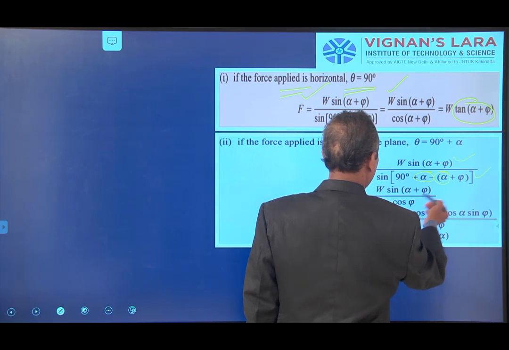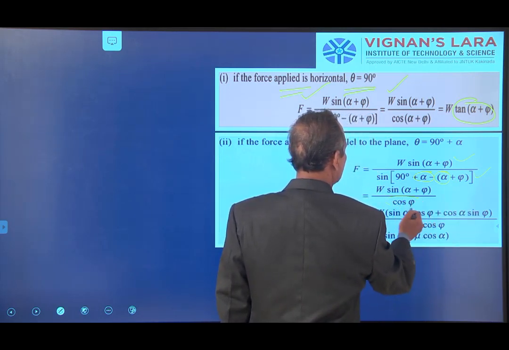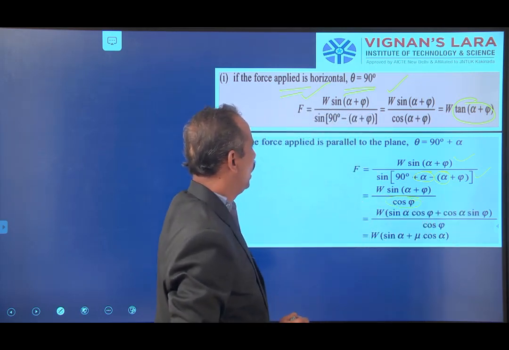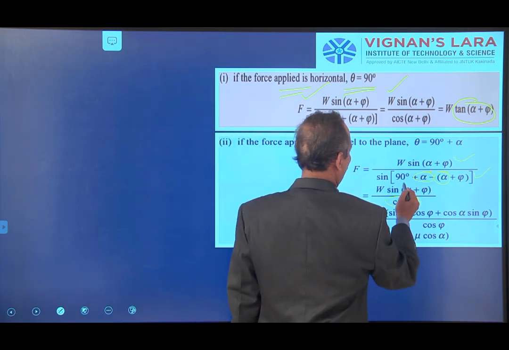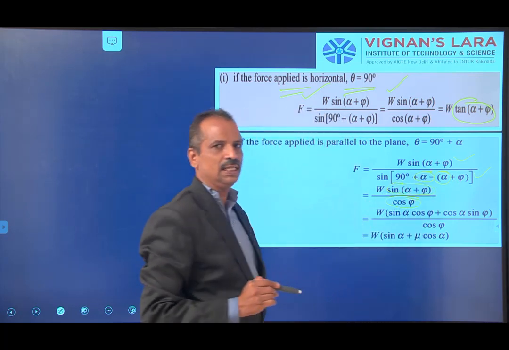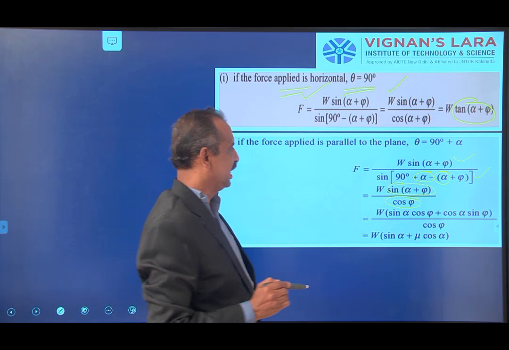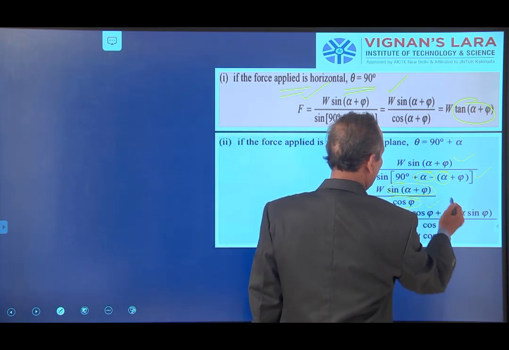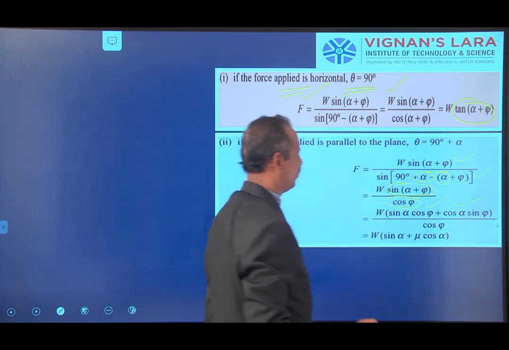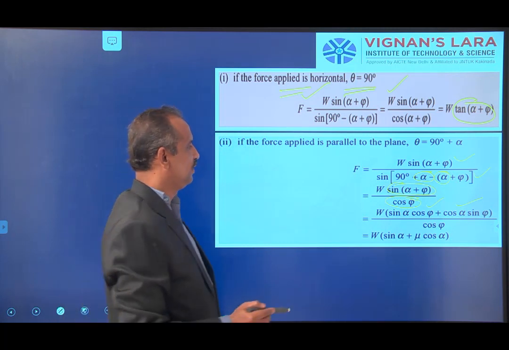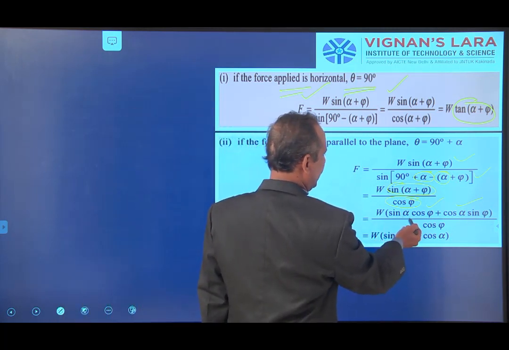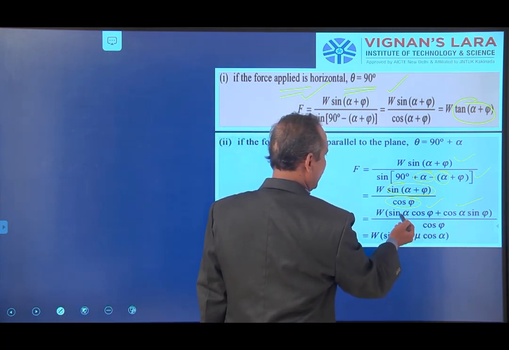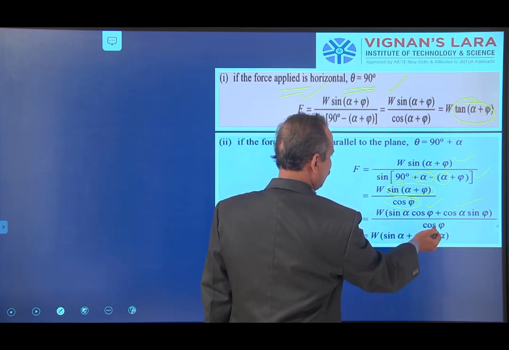Sin(90 plus phi), you expand it, you get cos phi. And similarly, you expand sin(alpha plus phi) like sin A cos B plus cos A sin B: sin alpha cos phi plus cos alpha sin phi. With that we can rewrite it. You can see the denominator is cos phi.